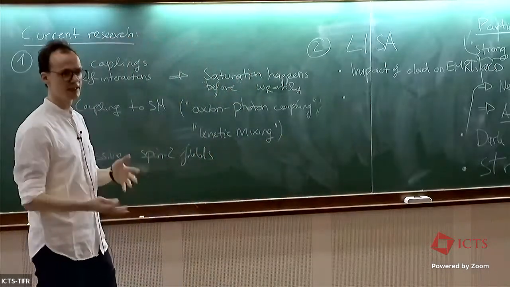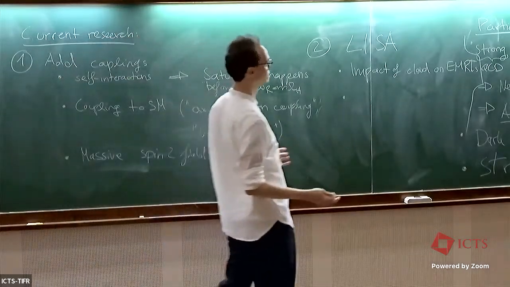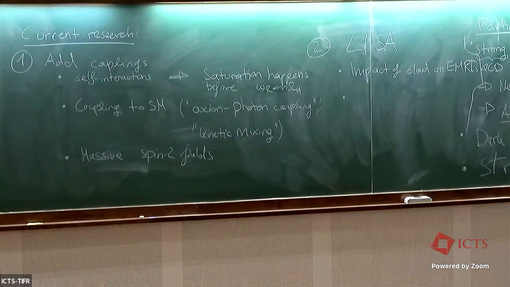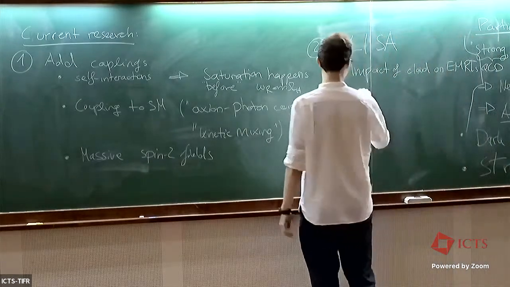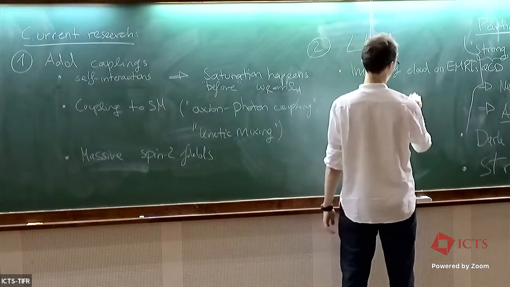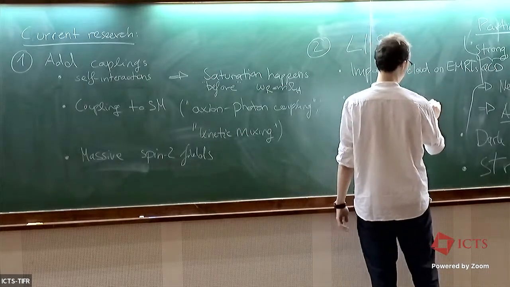And all of these things then combine to result in basically a plethora of different dynamics and different impacts of the cloud on the in-spiraling black hole, but also on the presence of the cloud, okay? So basically there are a bunch of effects that people are trying to understand at the moment. For instance, there are resonances.